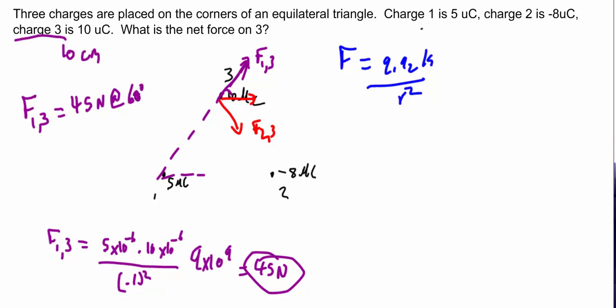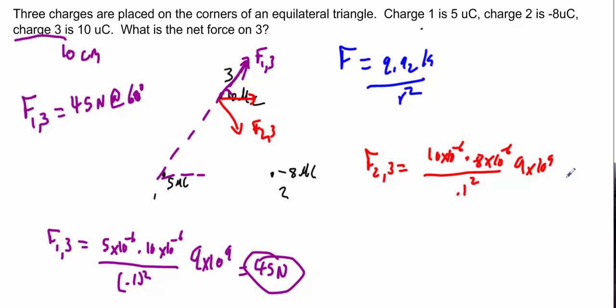Then I'm going to switch over to this second force, and so the force of 2 on 3 is given by 10 times 10 to the negative 6 times 8 times 10 to the negative 6 divided by 0.1 squared times 9 times 10 to the ninth. 8 times 10 is 80, so I have 80 times 10 to the negative 12, divided by 0.1 squared, or the same thing as multiplying by 100, and then multiply that by 9 times 10 to the ninth, and we see 72.